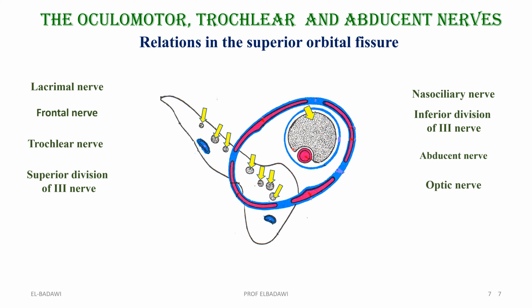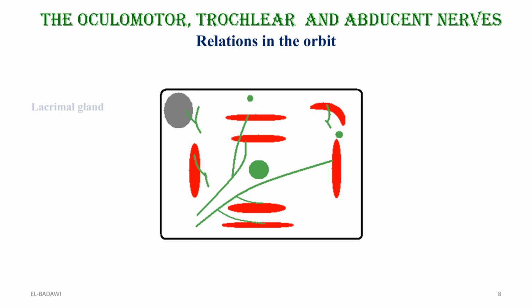This is the optic nerve with the ophthalmic artery, as we said, and this will carry number 4. In number 5 here, this is a coronal section in the orbit. The three nerves will be finalized in the orbital cavity. This is a coronal section showing the position of the structures within the orbital cavity.